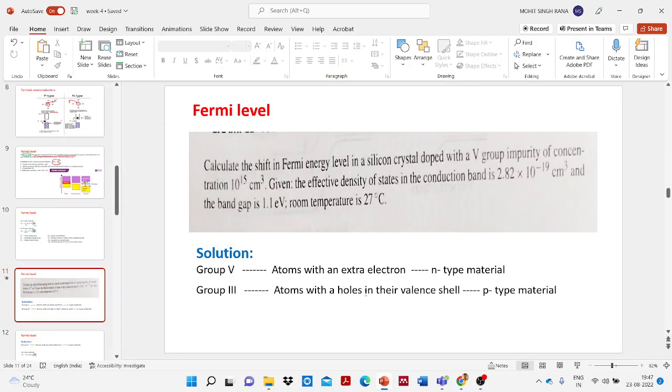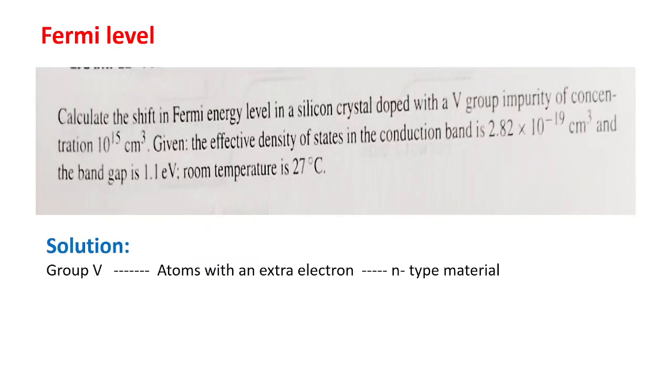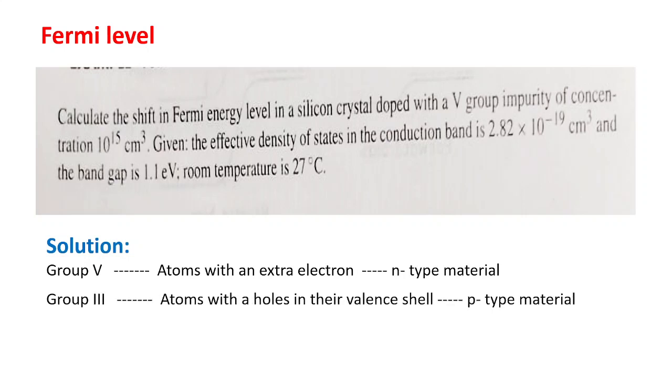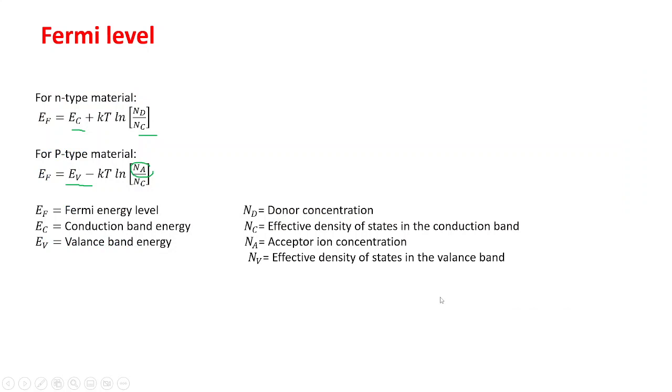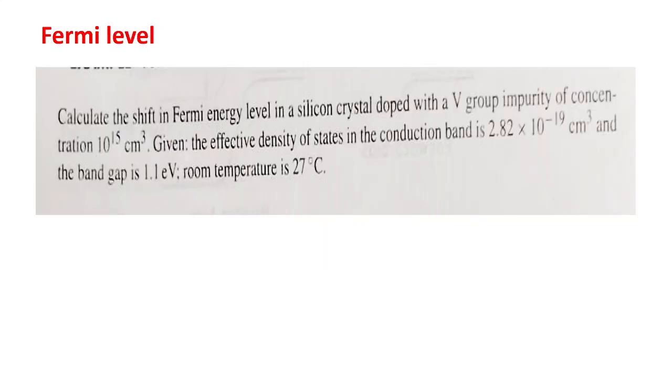First, because we have two formulas here, a different formula for n-type material and a different formula for p-type material, which formula do we have to choose? We should have clarity about what kind of material we are going to manufacture.